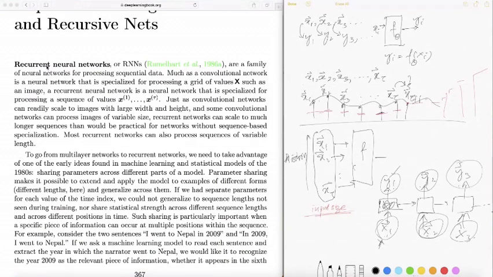They can use this causality to improve the estimate of the outputs. For example, when I'm doing the prediction for Y2, if I know the output Y1 and the input X1, in addition to knowing X2, I can probably improve my estimate of Y2. So these are called sequence to sequence models.